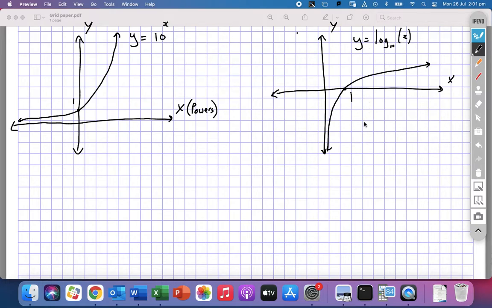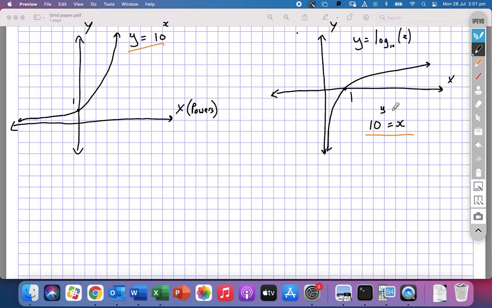So what we're saying is in base 10 with power y, our answer is x. Now I want you to compare this statement or equation to this statement, and you should be able to see that the x's and the y's have just swapped places, right? So these are equivalent things.